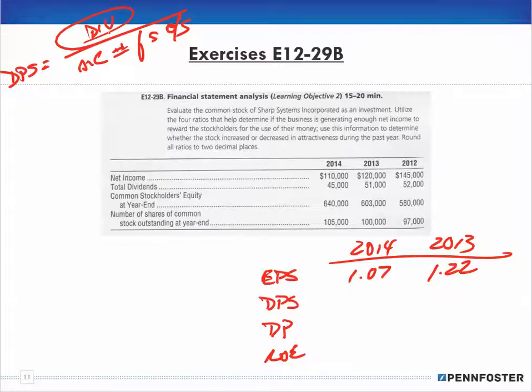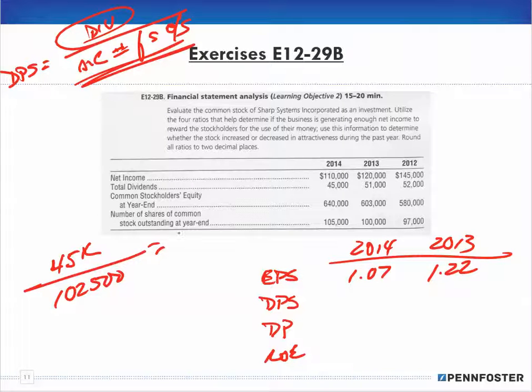So if you've copied all of that down from doing the earnings per share, I'm going to save some time and go, okay, my dividends for 2014 are 45,000, and I had 102,500 as my denominator, because remember, it's the same average number of shares outstanding, and that gives me 0.44 as my dividends per share.